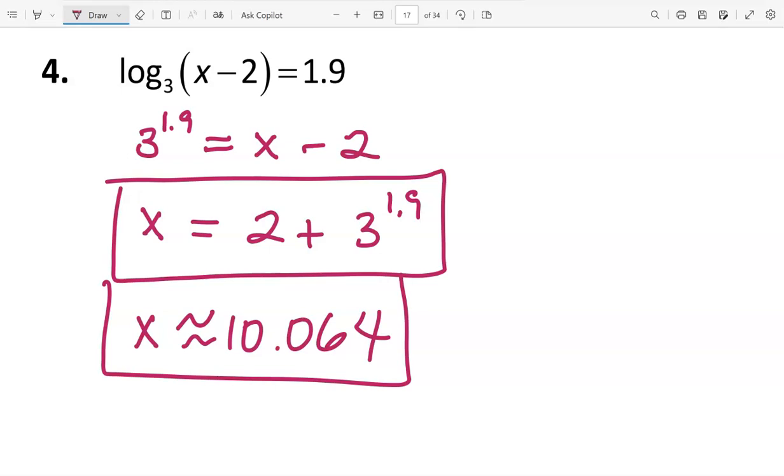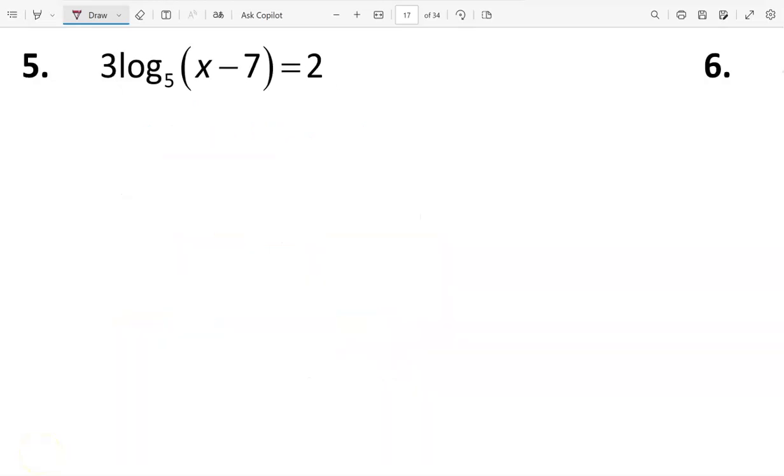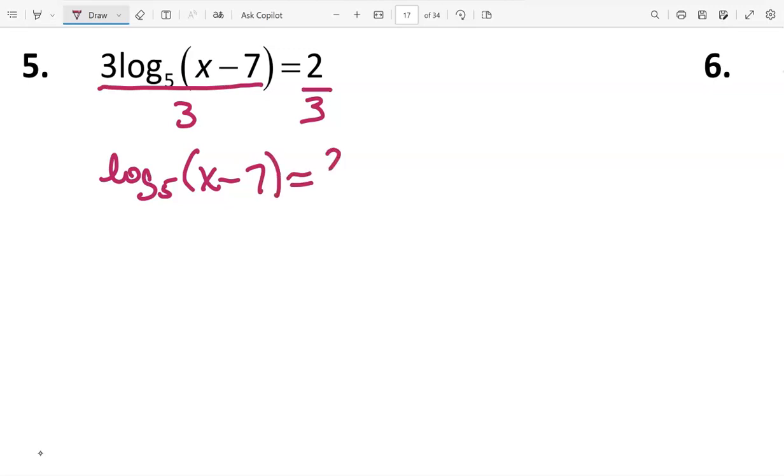In number 5, we have a logarithmic equation, but before undoing the log, we must divide both sides by 3, and so log base 5 of x minus 7 is equal to 2/3. From here we can put this in exponential form. The base is 5, the exponent is what the logarithm equals, so 2/3, and that's equal to x minus 7.